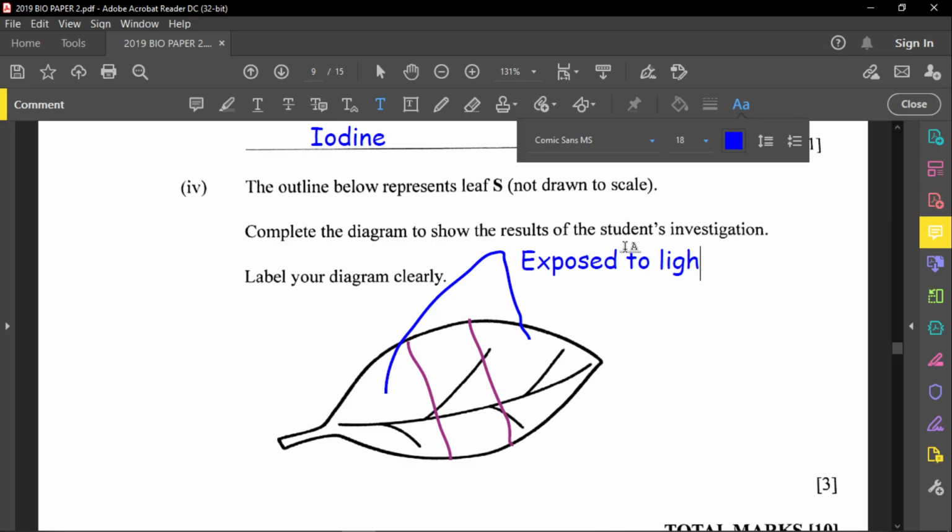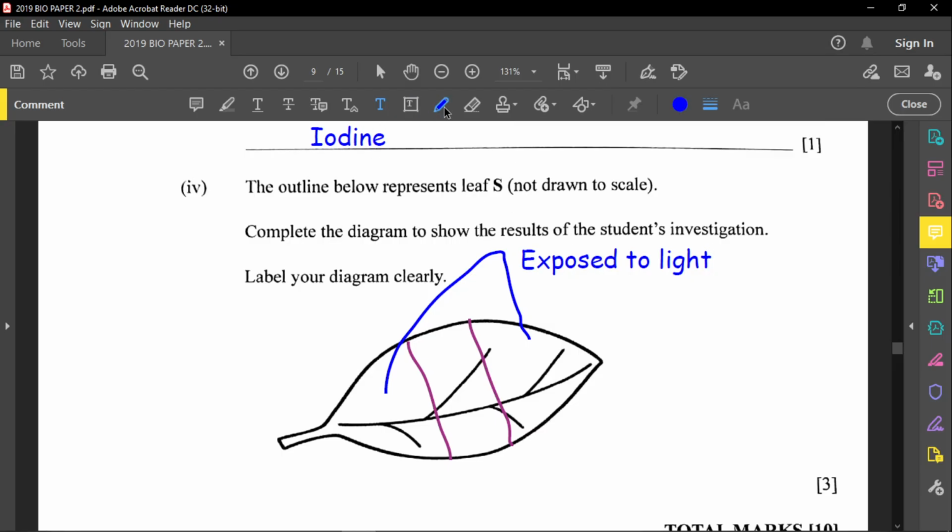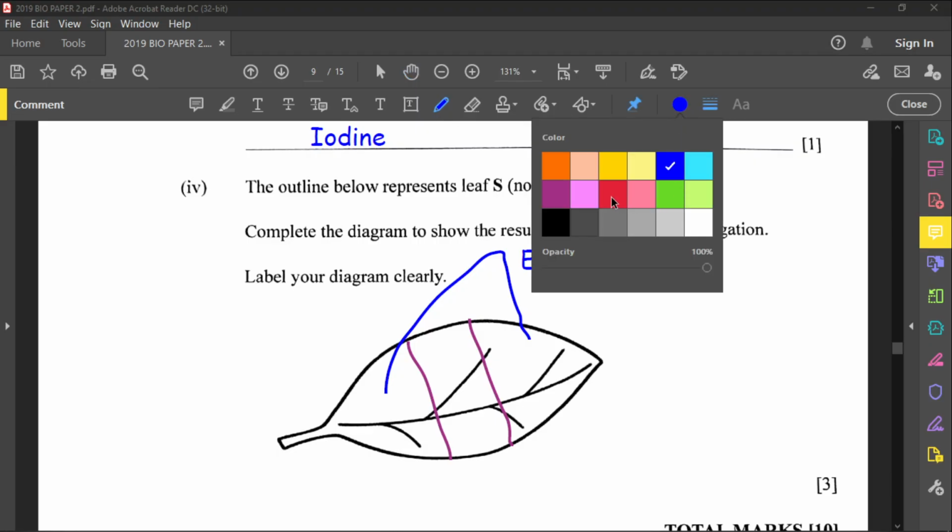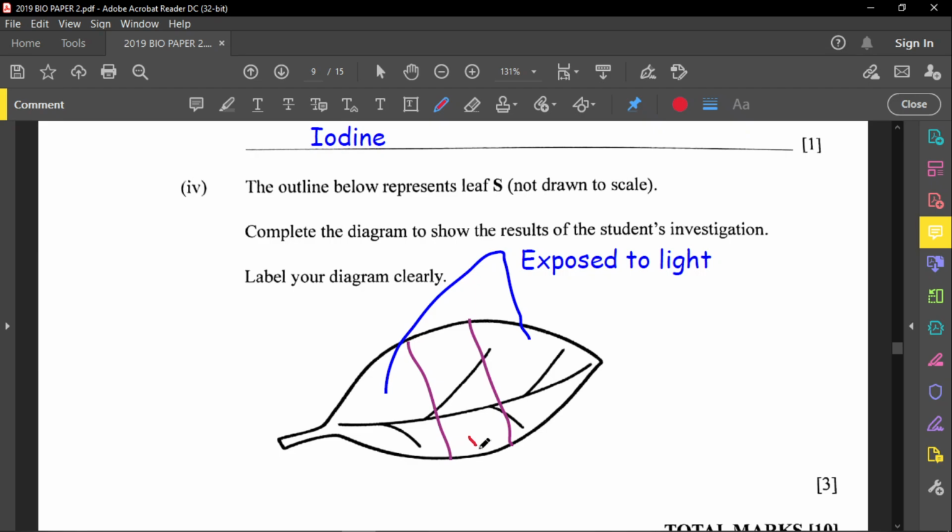And the covered part now, which is this part, let me quickly do that. Let me use a different color to represent that. Let's use red for this piece. So this area right here was covered, right? And since it was covered, there was no light in that.